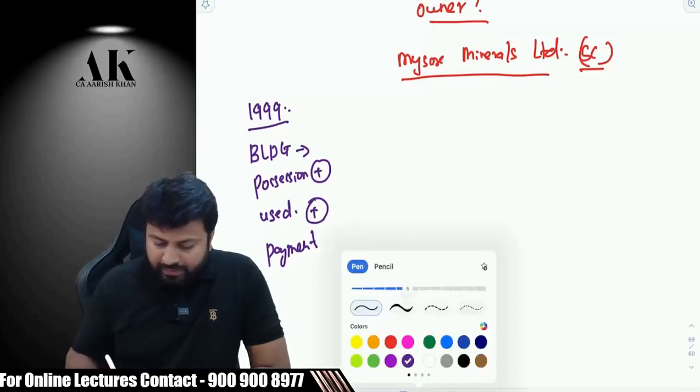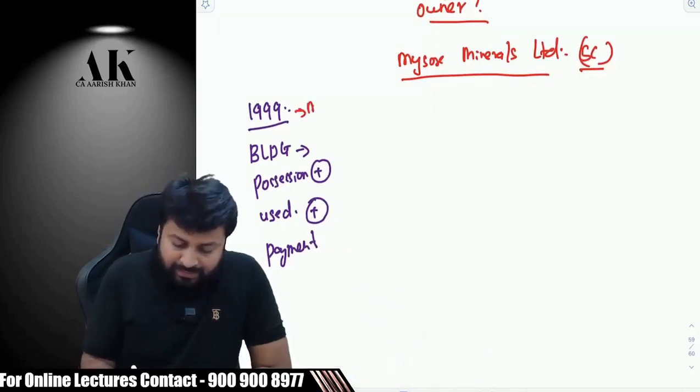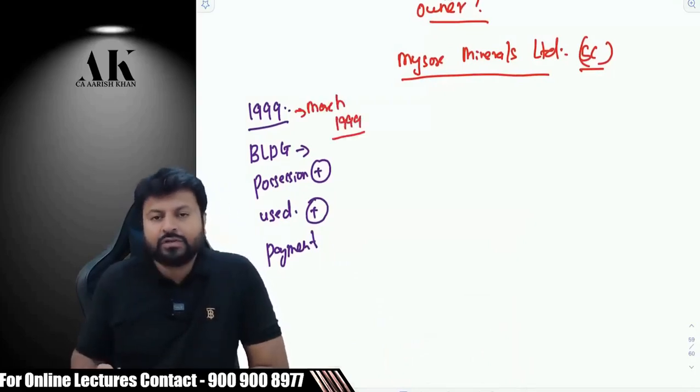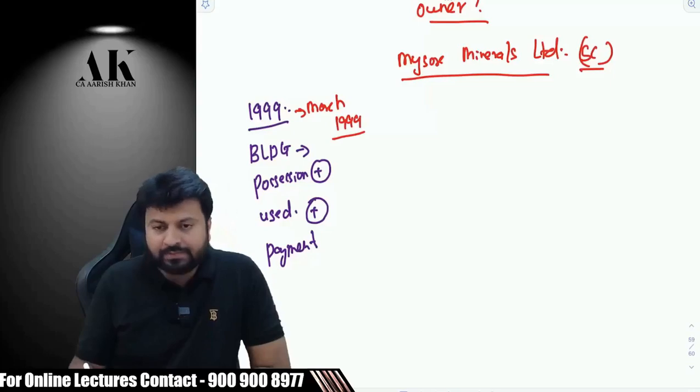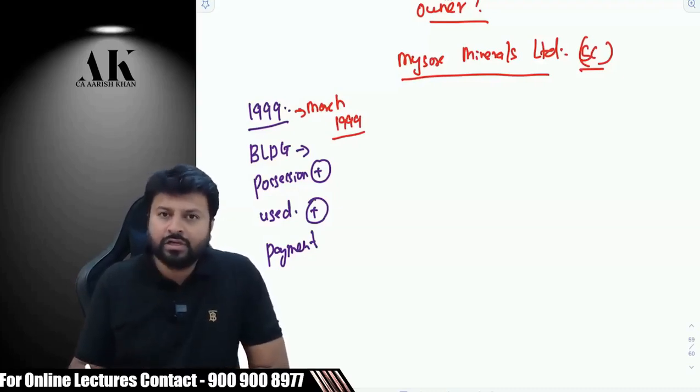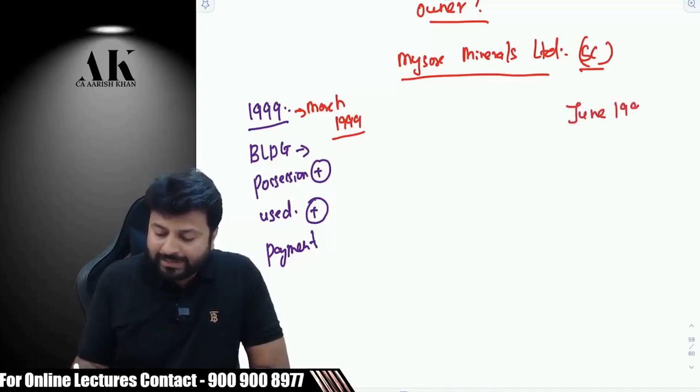But unfortunately, all these activities happened in March 1999. After purchasing the building, taking possession, using it and making the payment, one also has to register the property with the registration authorities. That took some time, and the property got registered in June 1999.